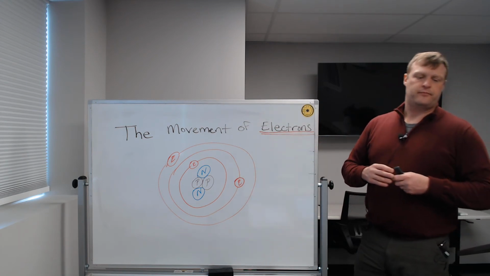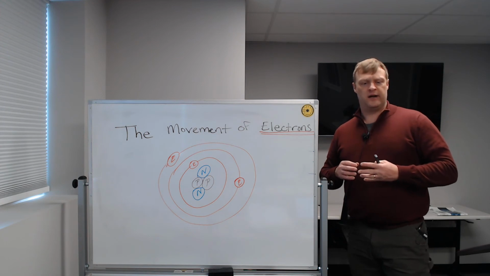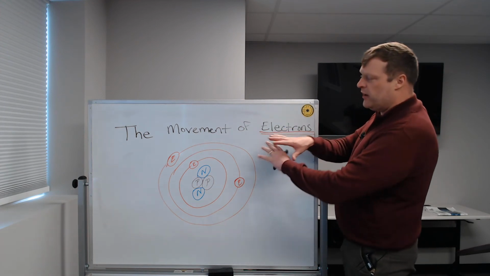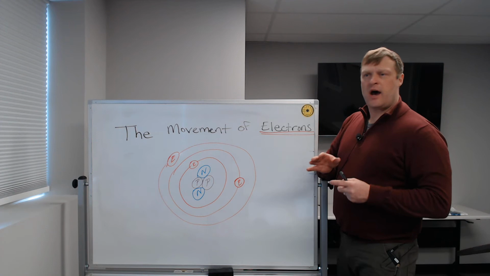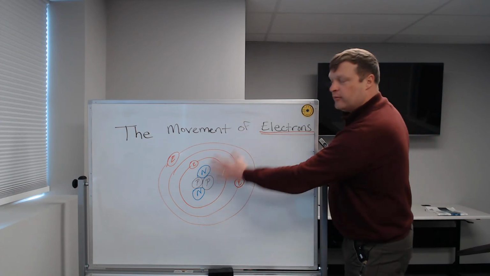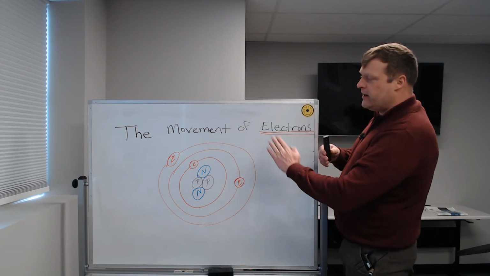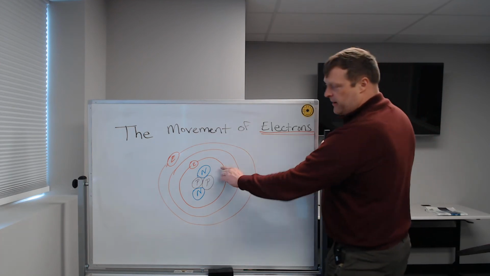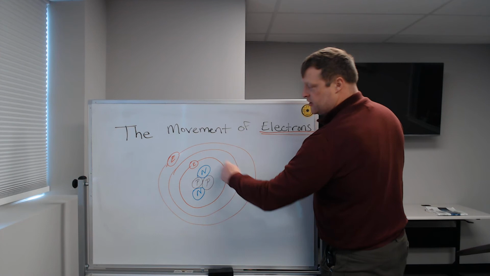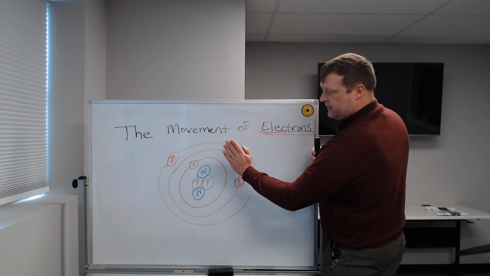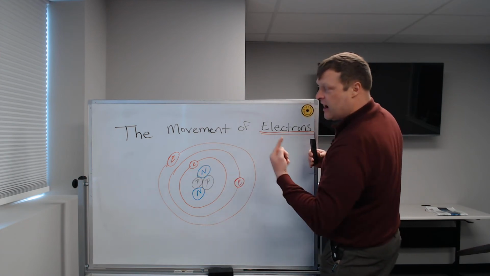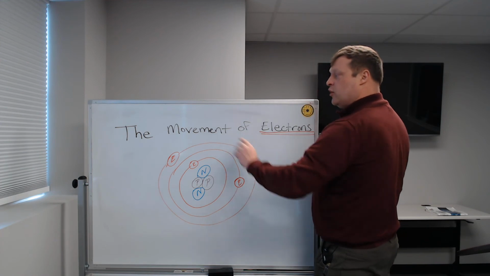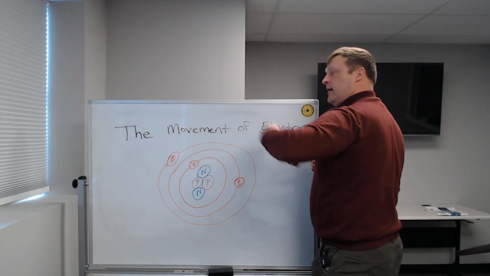Well, let me put it this way. Atoms, we draw them flat on a dry erase board. But what you need to know is that each orbit, this orbit might be going this direction, this orbit actually might be coming 90 degrees off and coming this way. The other orbit might be going at a 45-degree angle this way.